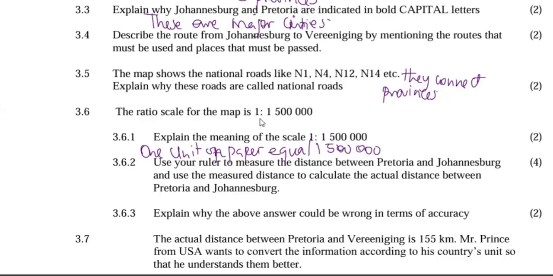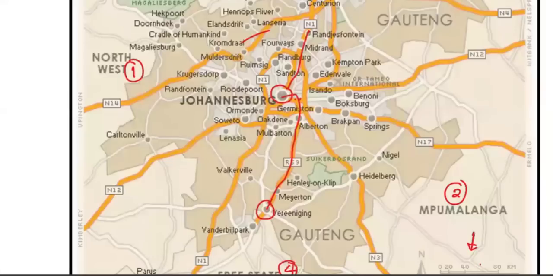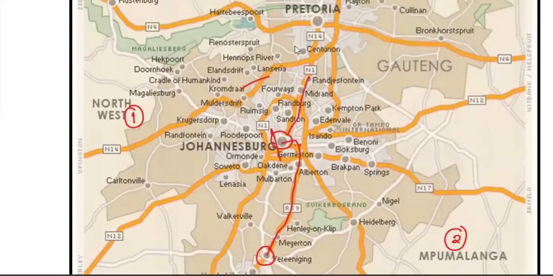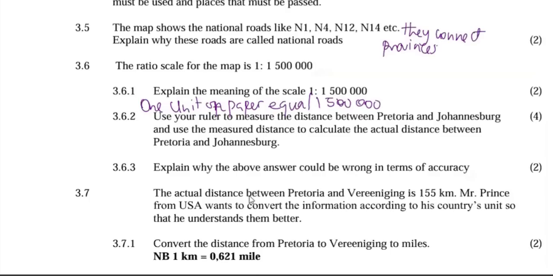Okay. Then 3.6, use your ruler, measure the distance between Johannesburg and Pretoria. For me, I got 5 centimeters. So if I'm to use the scale to get the actual distance, I'm going to say 5 centimeters times 1.5 million.